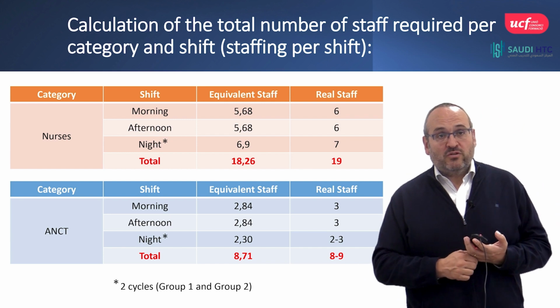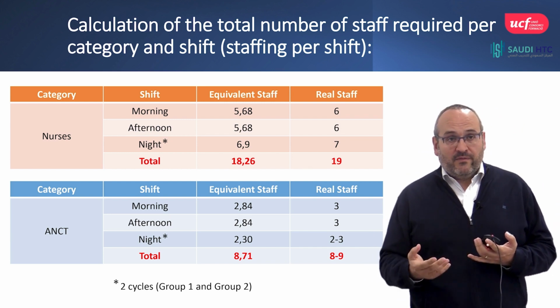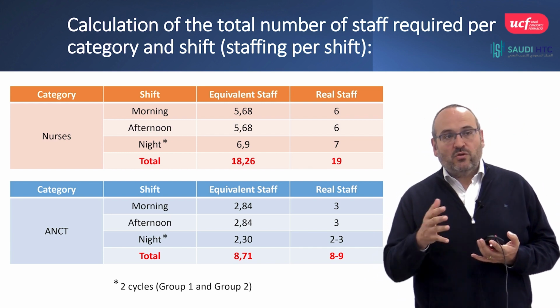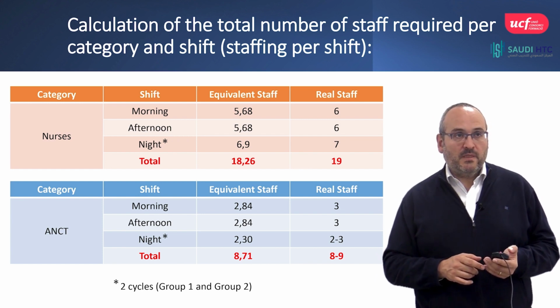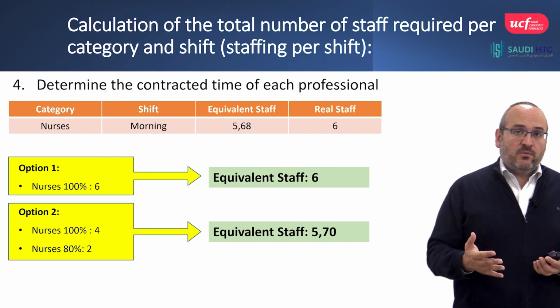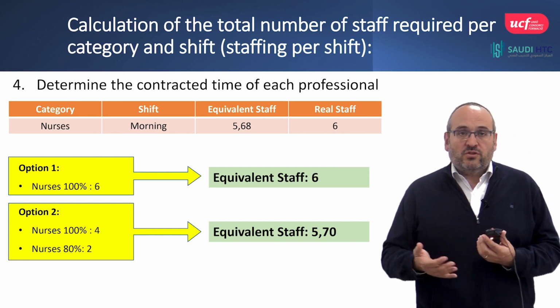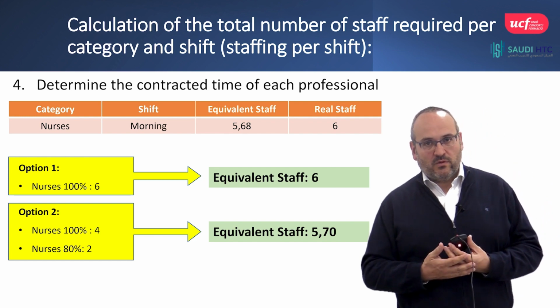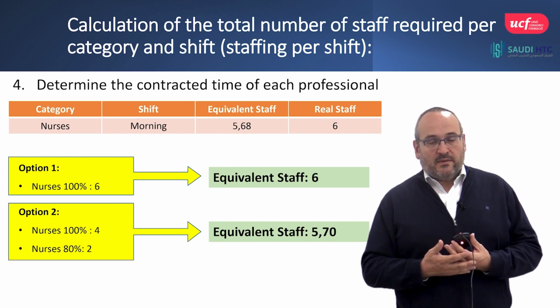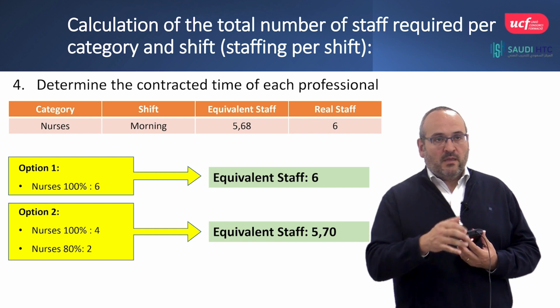So the actual staff must always take into account that we will have to divide it by 2. In this sense, we see that we will need a total of 19 nurses and a total of between 8 and 9 auxiliary nurses.